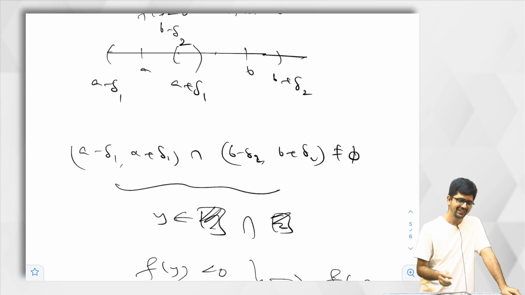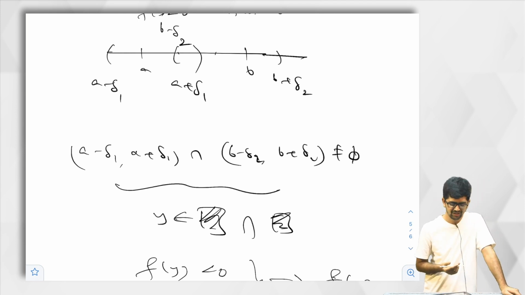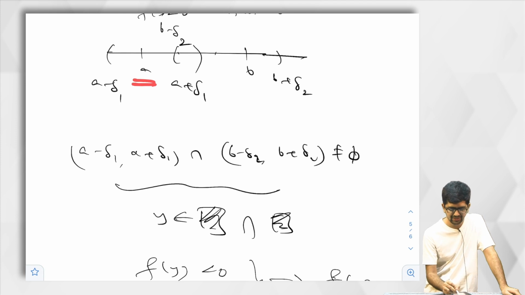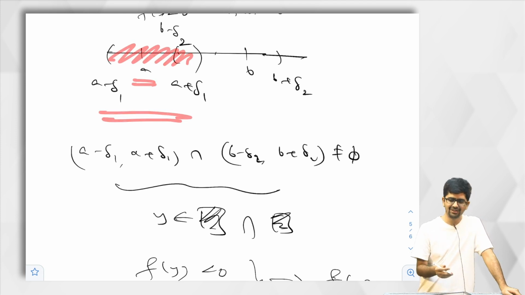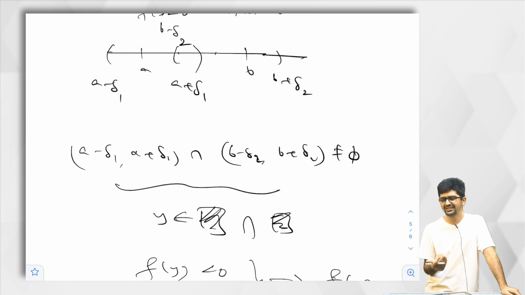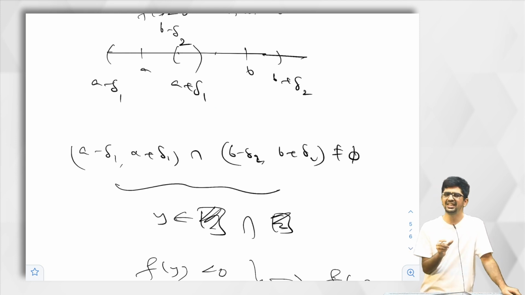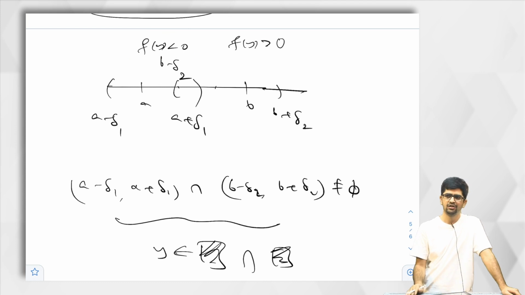Actually, whatever I said also has a part of the proof. What I am asking is the following. I know before that for this a in this interval, f restricted to this interval is negative. All I am asking is, I will just move to the right side slightly and still see whether this is satisfied or not.